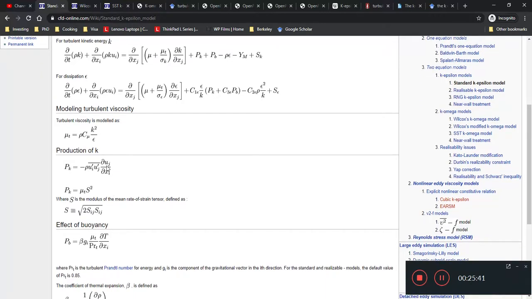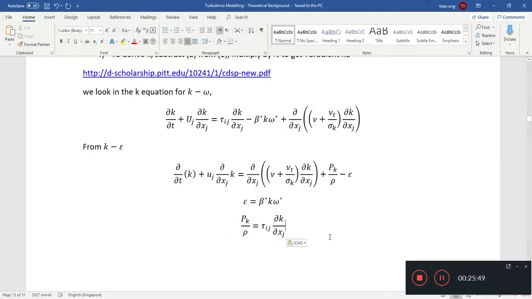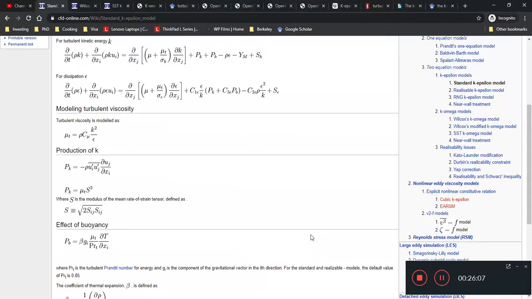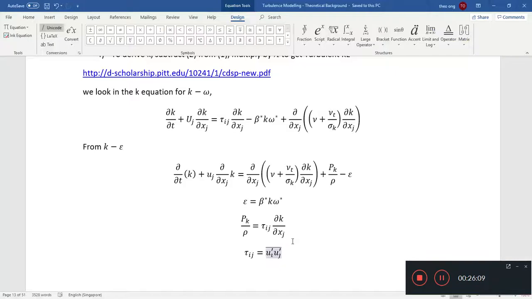This tau ij equals, this is the Reynolds stress term, bar ui' uj', if I'm not wrong.